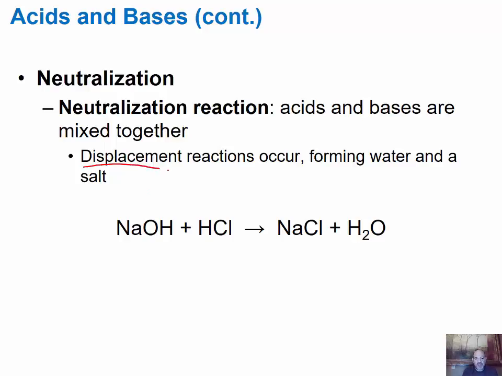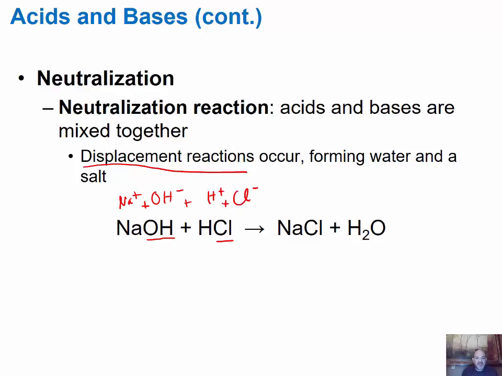So it's a displacement reaction where what we start with, these two items are going to switch places. So if we start with a strong base, sodium hydroxide, and we put it in solution, it's going to create sodium ions and hydroxide ions. And if we put hydrochloric acid in there, it's going to create hydrogen ions and chloride ions.